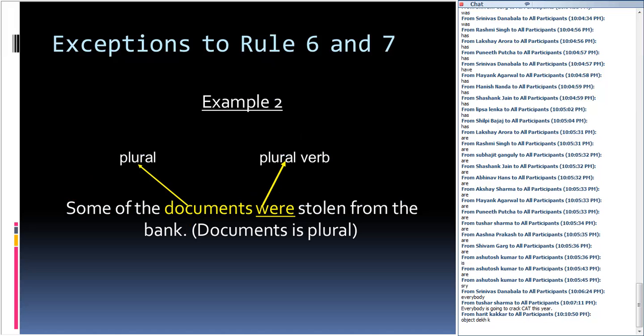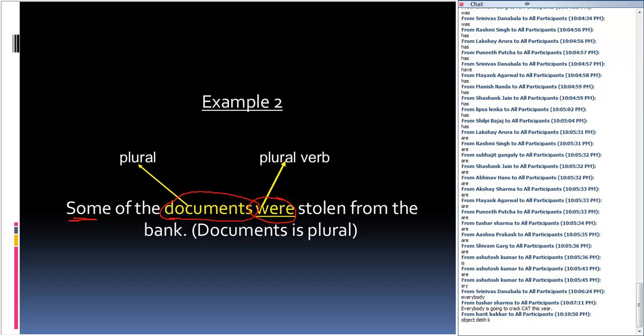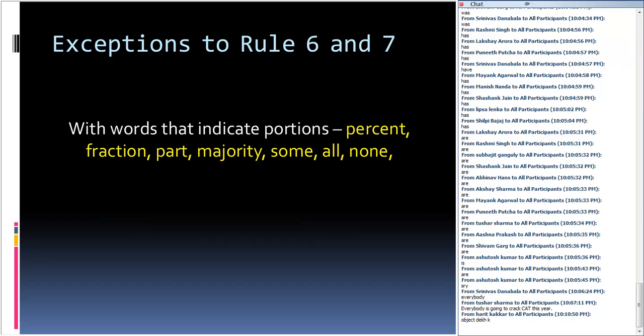Similarly, if you say some of the documents. Now documents is plural. That is why you use plural verb were. Some of the documents were stolen from the bank.